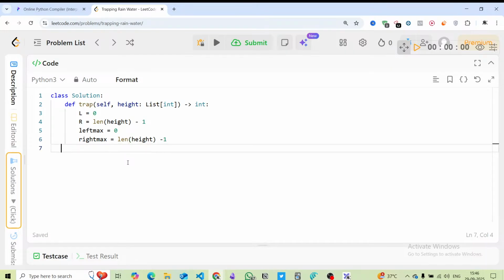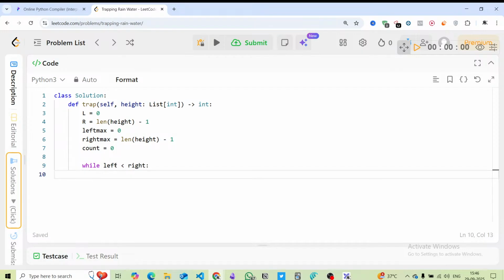Okay. So the variables have been declared. Now we start the while condition: while left is less than right, until this condition is true, what do we need to do?